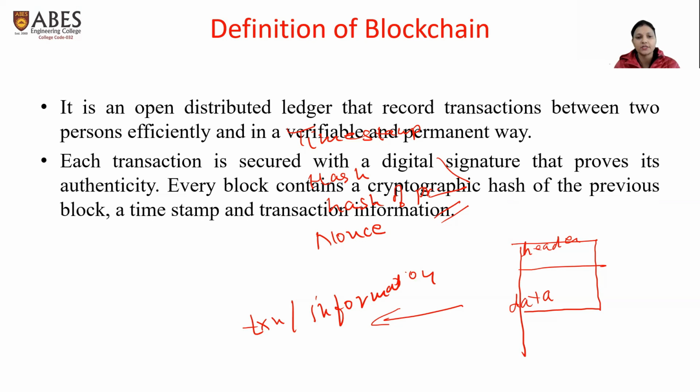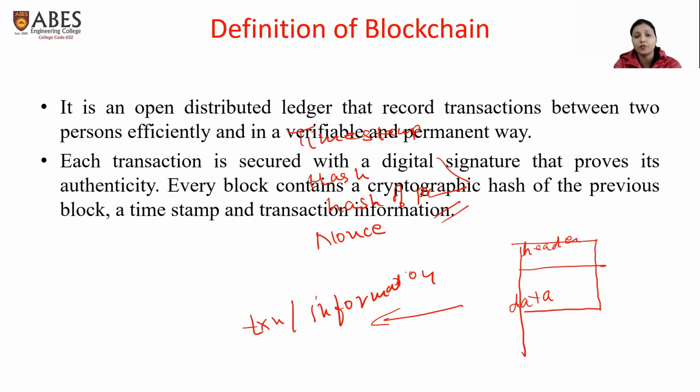For example, if a person A transfers some money to person B, then person A will sign that transaction digitally using his private key. This authenticates that that particular transaction is done by person A only.